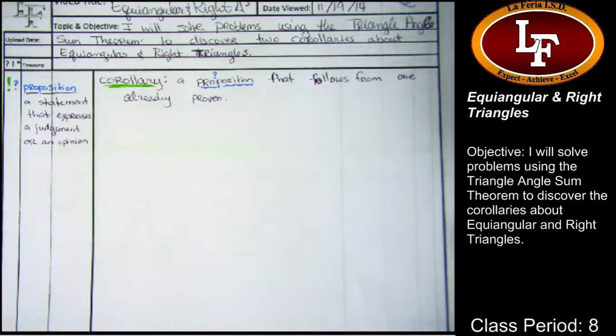All right. So a corollary is some statement that expresses a judgment or opinion that follows, that comes immediately after some other statement or judgment or something that we have already proven to be true.